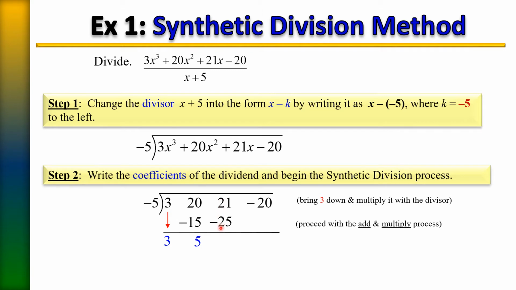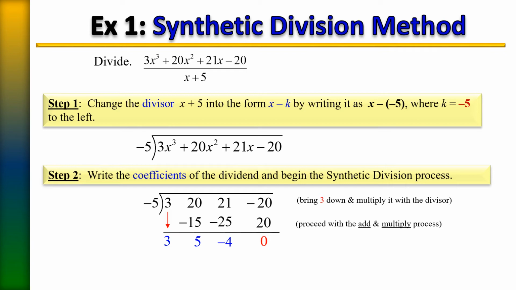Combine those numbers, bring down a negative 4, multiply that with negative 5 to get positive 20. Combine those numbers and you will bring down a 0. A 0 indicates that there's no remainder. So now we're ready to write our answer.